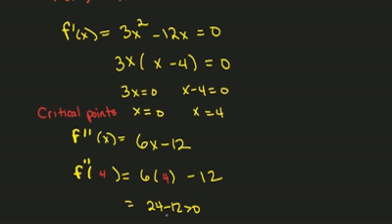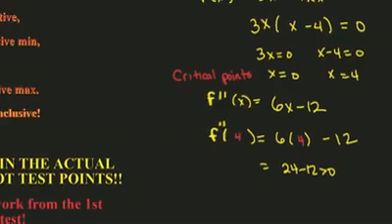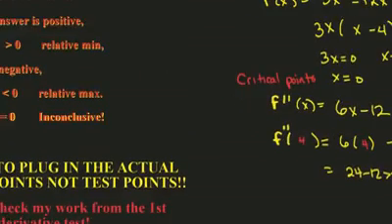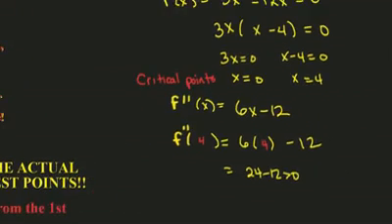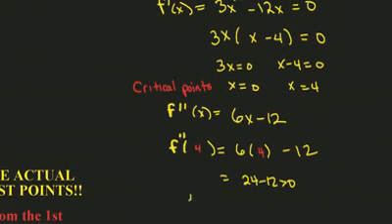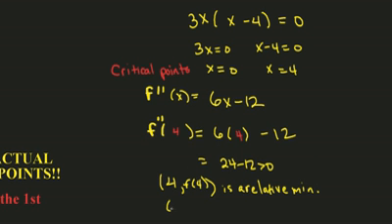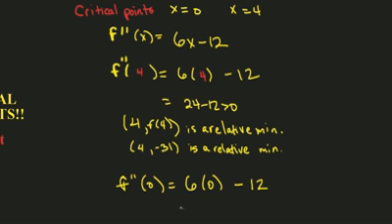Now that I know it's greater than 0, I can evaluate it, and again, opposite what common sense would dictate, greater than 0 is a relative min. So therefore you can say 4 comma f of 4, whatever the function value at 4 is, is a relative min. If you were to plug 4 into your equation, you should get negative 31 as an answer.